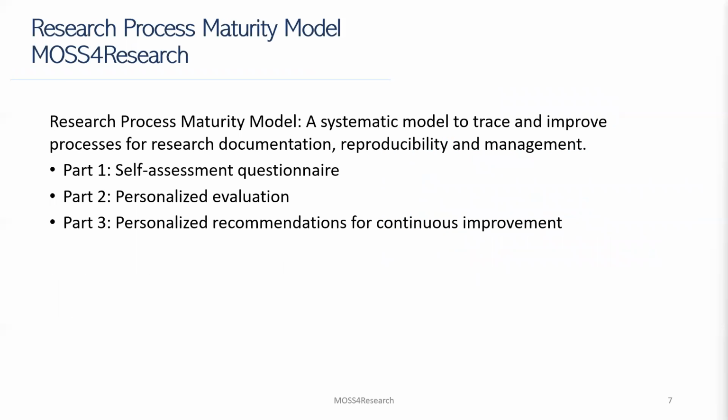So this model has three parts. The first part is a self-assessment questionnaire. The second part, personalized evaluation based on part 1. And part 3, personalized recommendations for continuous improvement based on the previous 2 parts.